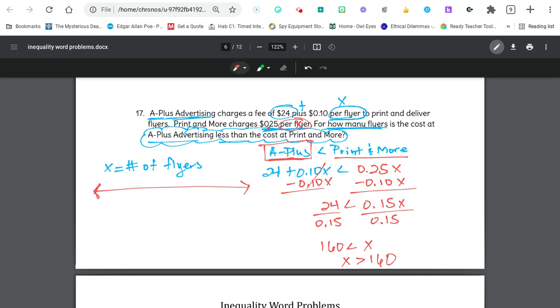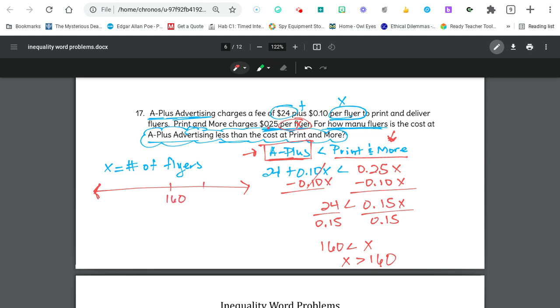But if you don't plan on getting more than 160 flyers, sorry guys, go with Printing More. But if you do, go with A plus because the cost is going to be less.